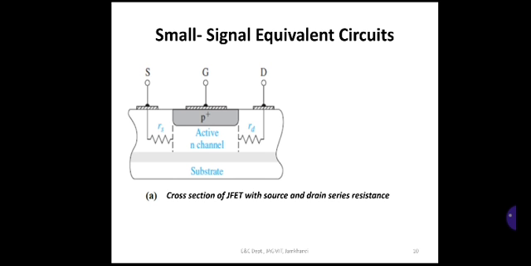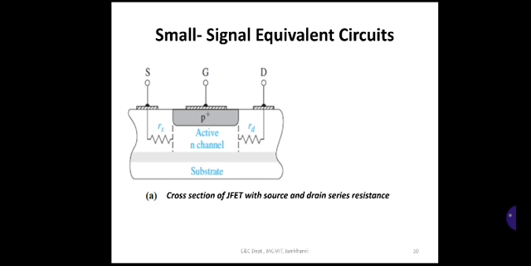Here the figure shows the cross section of a JFET with source and drain series resistance. The cross section of an N channel PN JFET, that is junction field effect transistor, is shown in the figure.